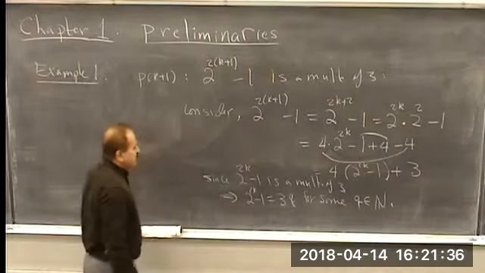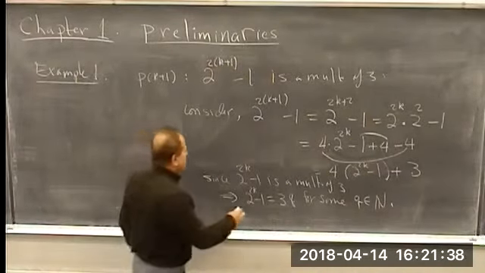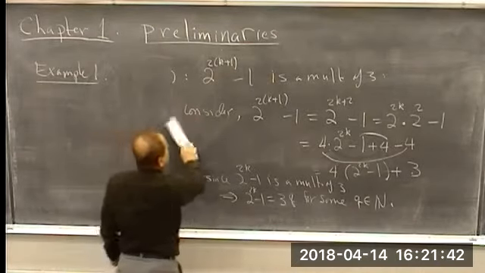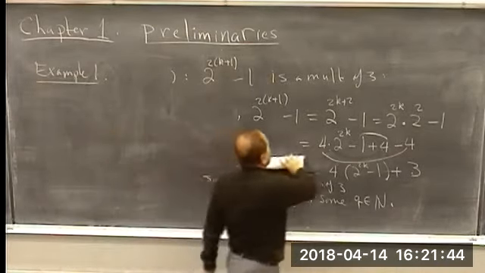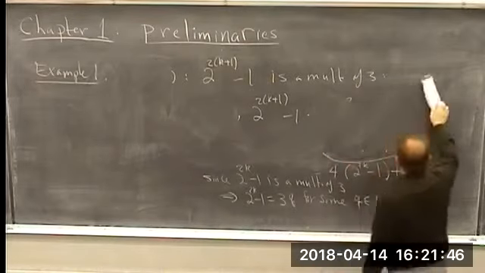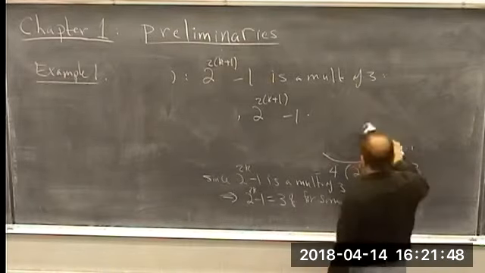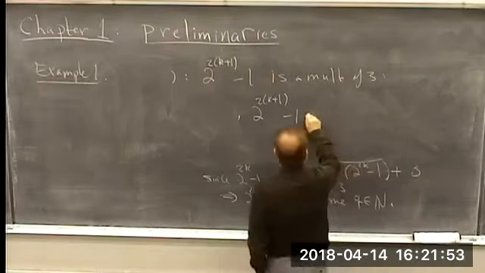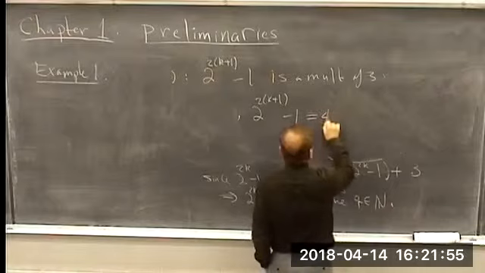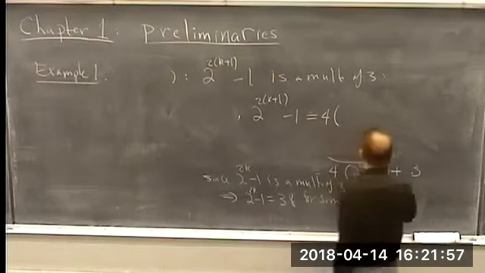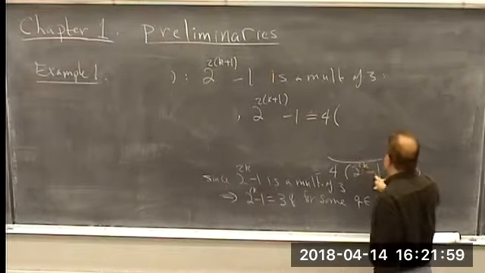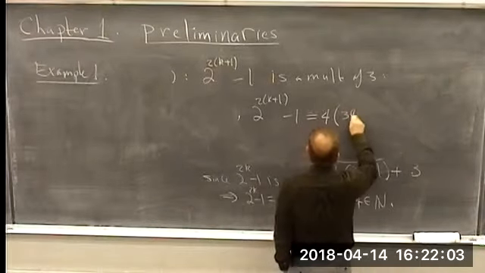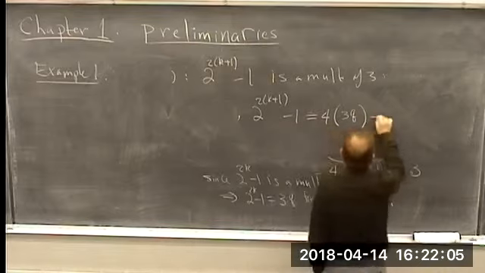All right, well, let's write this down. This means that this 2, that we started with, we take this whole thing out. So we can write, this is 4, and I can replace the 2 to the power 2k minus 1 by 3q, and then plus the 3.